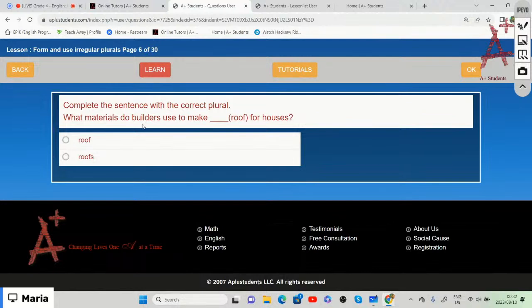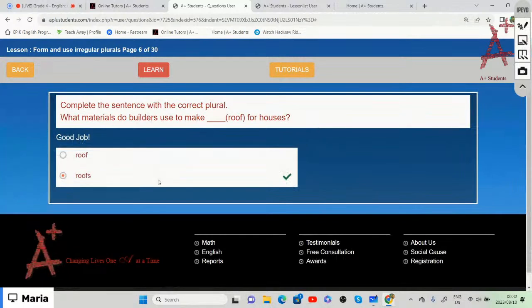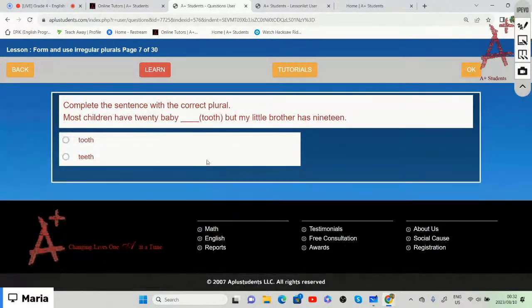We need to choose the correct plural of the word roof. All right, so one roof, many roofs. One roof, many roofs, right?